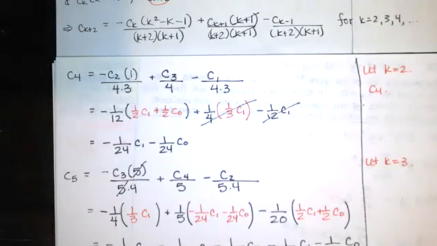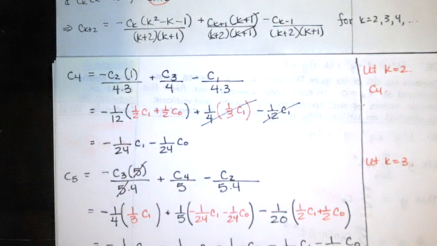So I want to combine all the c sub 1 terms together and the c sub 0 terms together. So I've got negative 1/12 times c sub 1. Then I've got minus 1 over 120 times c sub 1 and minus 1 over 40 times c sub 1.